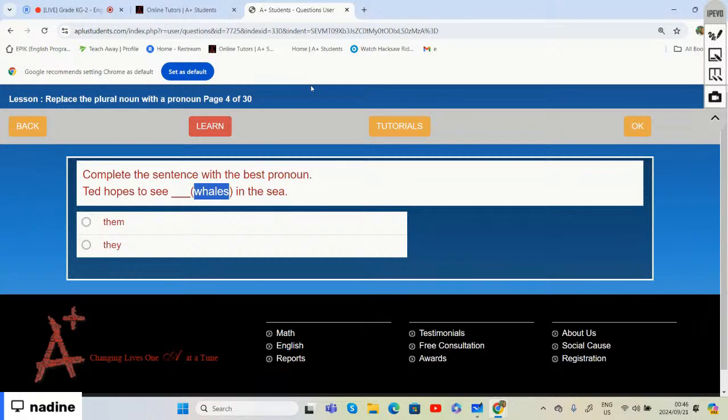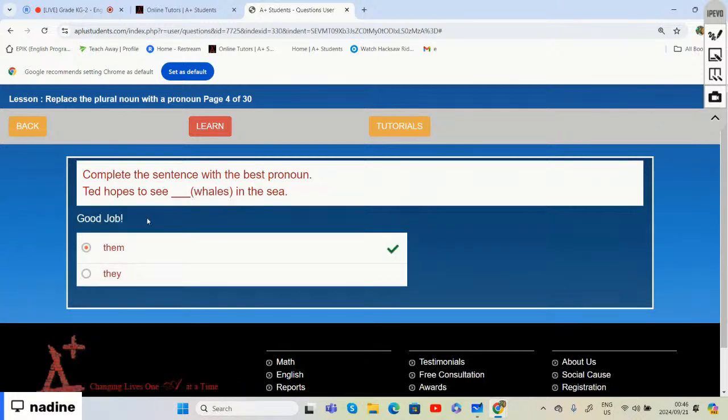And if we choose the correct one, we say Ted hopes to see them in the sea, and them refers to the whales.